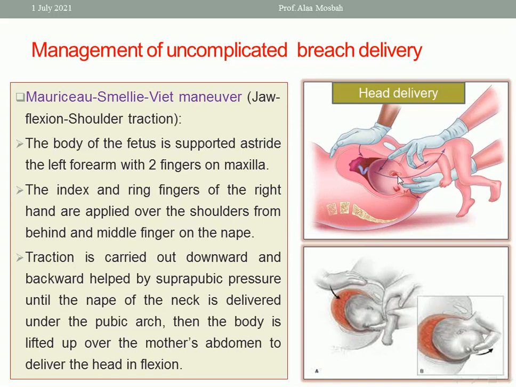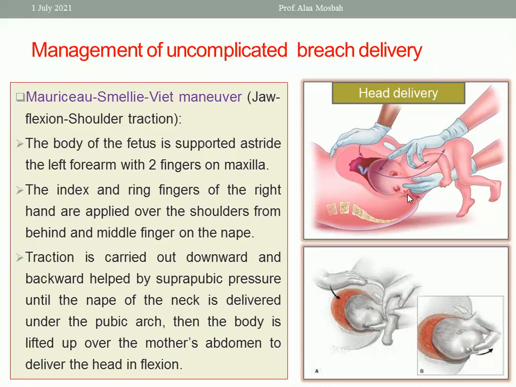In case of Mauriceau-Smellie-Veit maneuver, the body of the fetus is supported astride the left forearm with 2 fingers on the maxilla, as you see in this picture. Then the other hand, 1 finger on the right shoulder, 1 finger on the left shoulder, the index and the ring finger on both shoulders, 1 on each shoulder, and the middle finger on the nape to support it and maintain flexion.